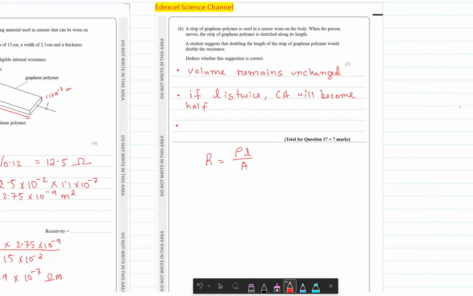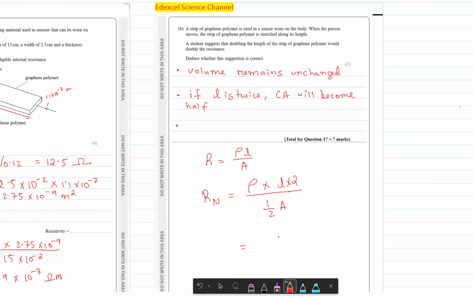Now, after we have increased the length by twice and the cross-sectional area has become half, we now want to find out the new resistance. So let's call that Rn, resistance new. The resistivity remains the same and the length has become twice, right? And the cross-sectional area has become half of the original cross-sectional area.